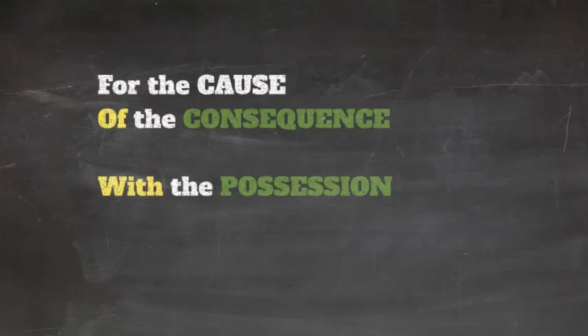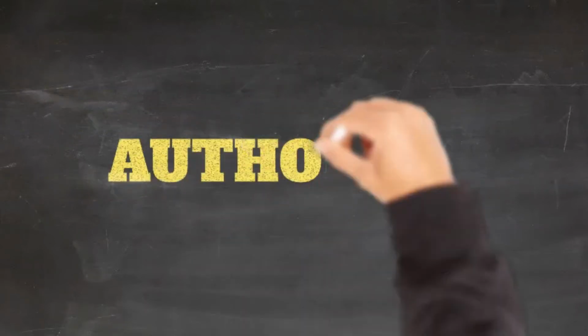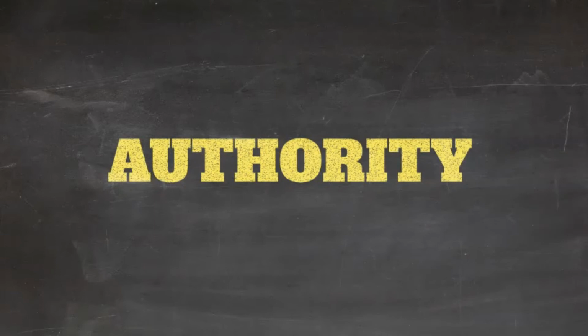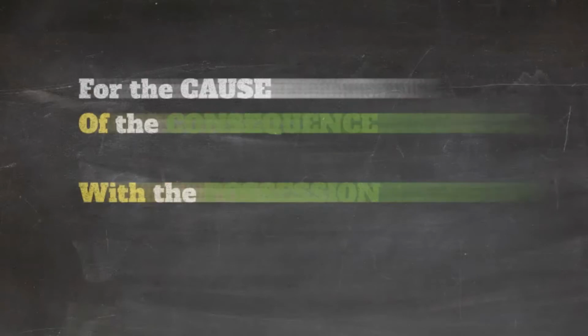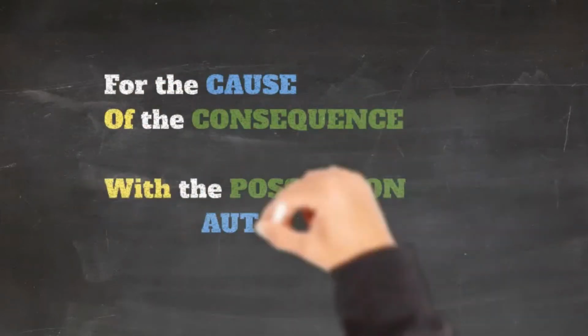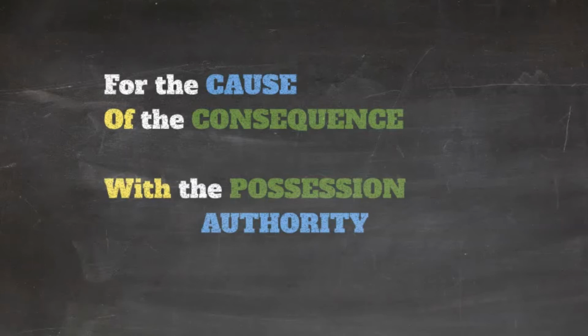Can you see how of and with are mirroring each other, while the consequence and possession will always mirror each other? So all that's left to certify now is authority. Just like the consequence and the possession mirror each other, the cause and authority will always mirror each other.